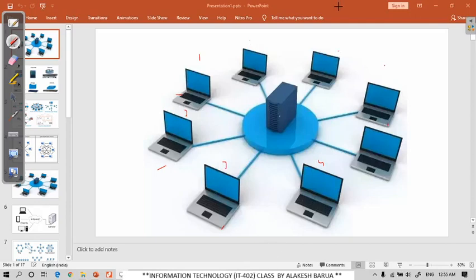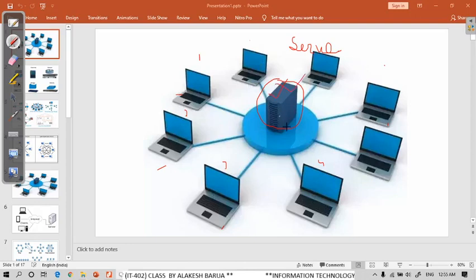Now, these are all computers connected together to one main computer. And the purpose of this computer is to serve, S-E-R-V-E, serve files, folders, applications, or resources to all the computers that are connected in the network.